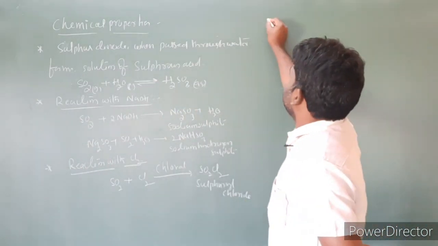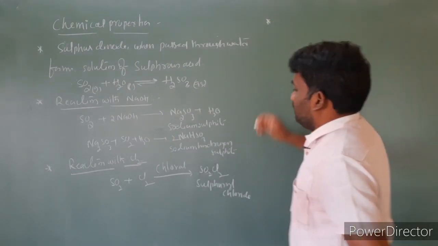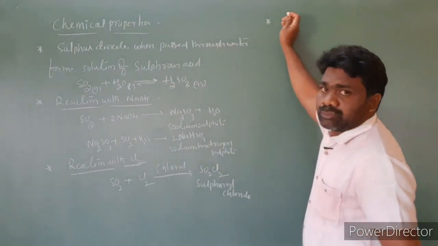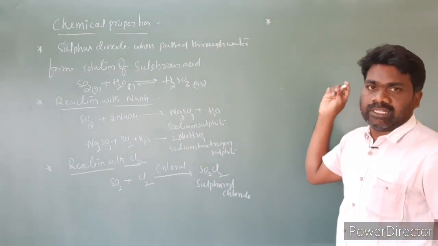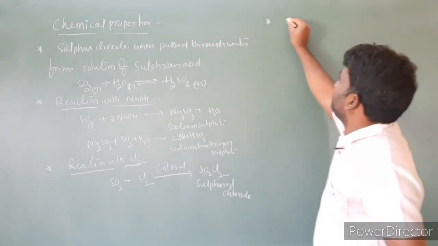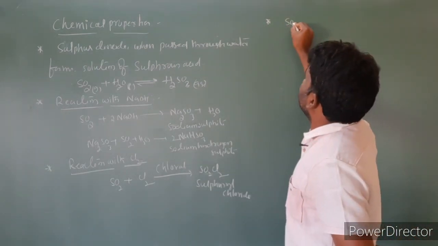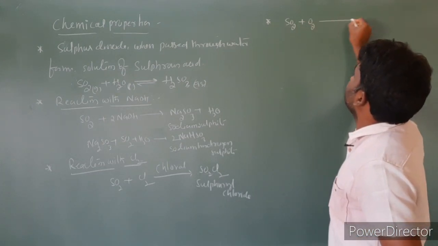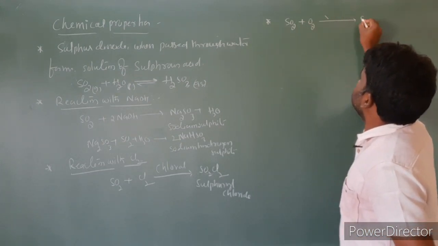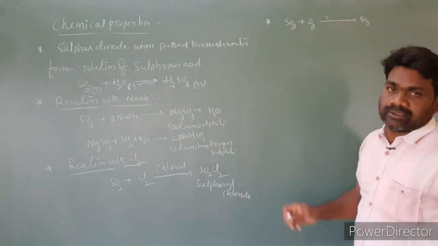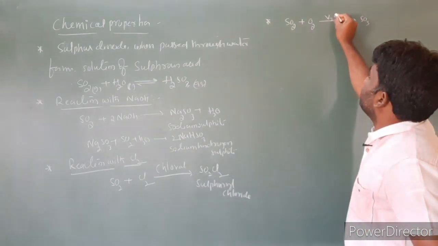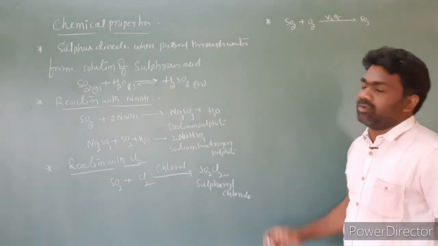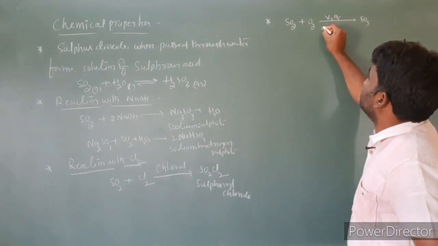And the next one is SO2 converting into SO3 in presence of V2O5. SO2 plus O2 gives rise to SO3, sulfur trioxide, with vanadium pentoxide, V2O5, as a catalyst.